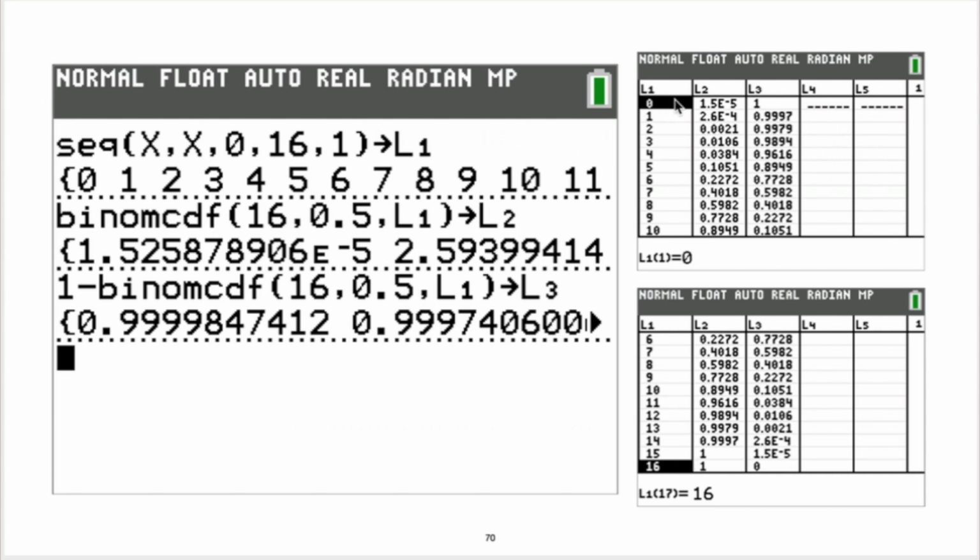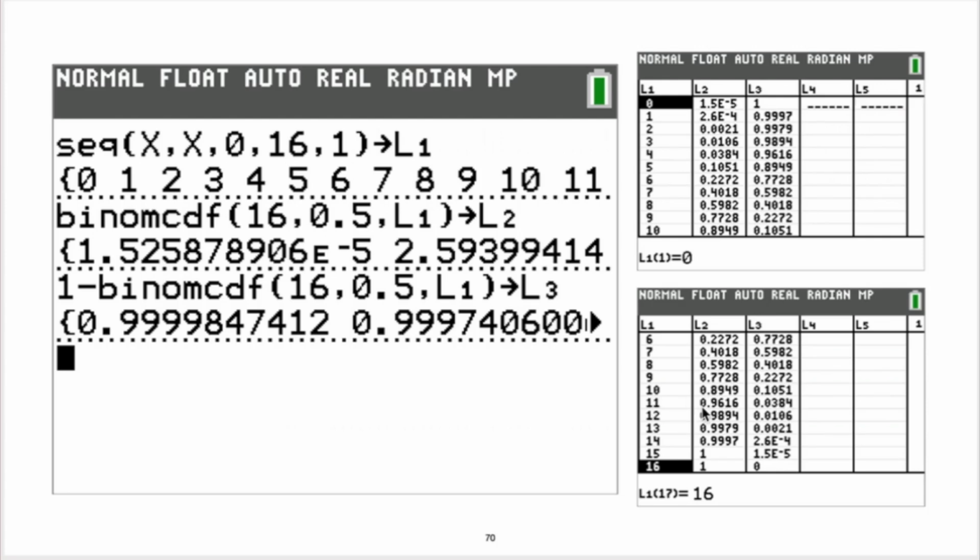Okay, so if we look in list 2, which gives us the values of the CDF, we see that the probability that X-tote is less than or equal to, let's say, 4 is 0.0384. If we then look in list 3, we see 0.0384 again, and that corresponds to the row for the value 11 in the sample space.